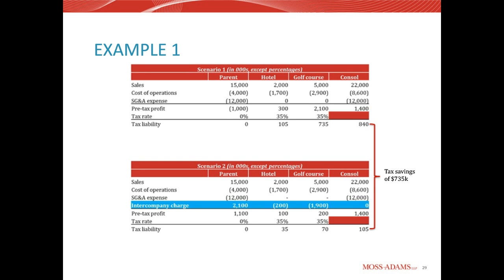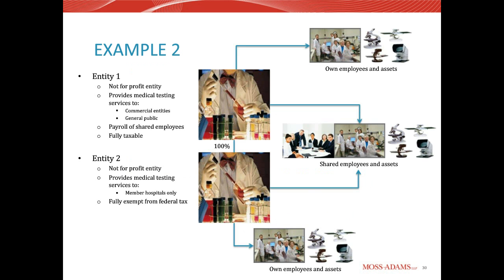Now let's take a look at another example. This one is in the medical or healthcare industry. We have two not-for-profit entities that were set up by a group of hospitals in a major metropolitan area. Both of those entities provide medical testing services, anything from your standard cholesterol checks to cancer screens and employee drug testing.